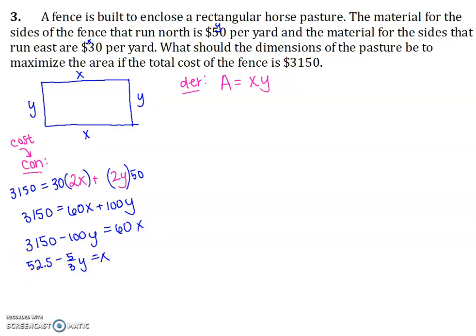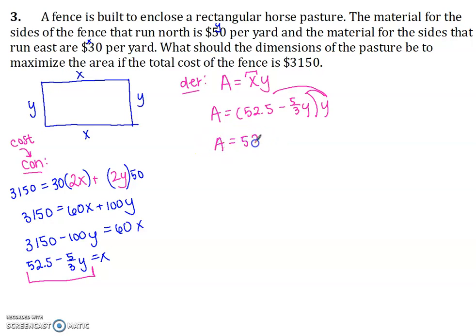Now that I have this equation, I'm going to take what x equals, come over to the derivative equation, and plug it in for x. So that'll be 52.5 minus 5/3 y, and then times this y. And I'm always going to distribute that y in.